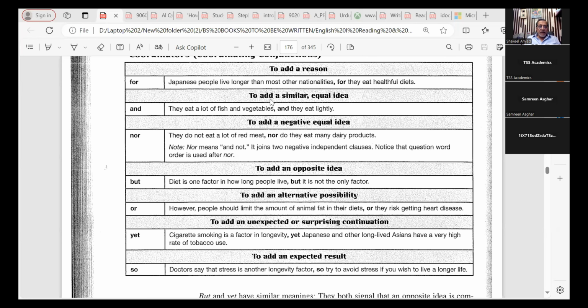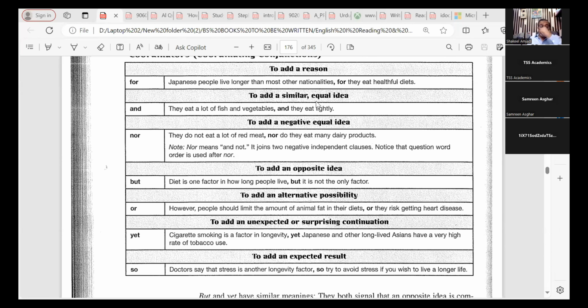And to add a similar equal idea, they eat a lot of fish and vegetables, and they eat lightly. It's one idea, and this one is another idea, and we have and. So they are similar, equal ideas.